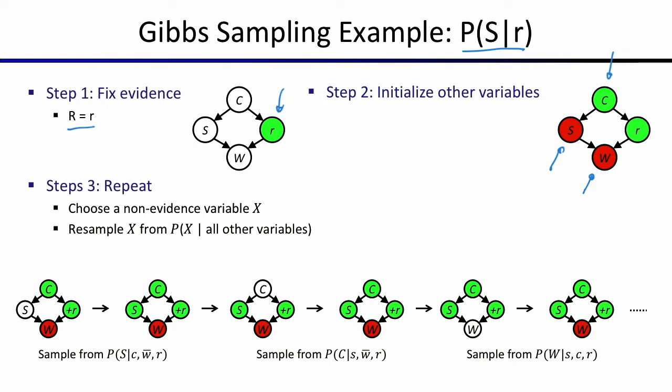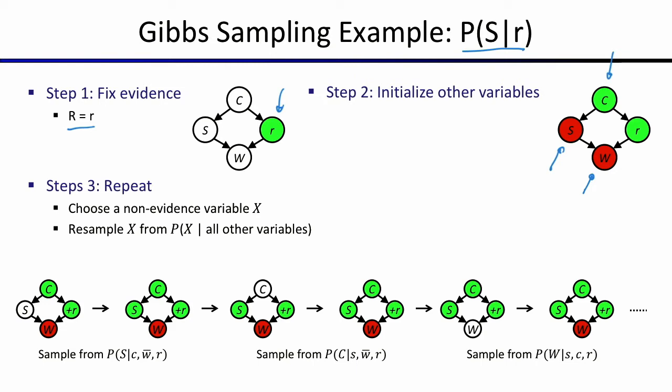So we need to start changing it in order to make it follow the distribution expressed by the network. The way that we do that is by choosing one variable at random and changing the value of this variable according to the values of all the remaining variables in the network.